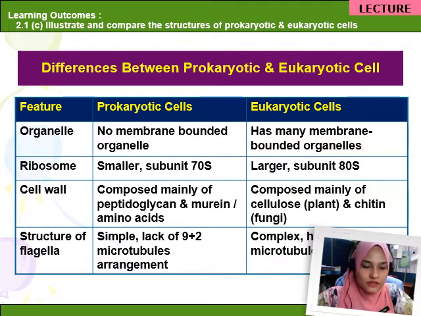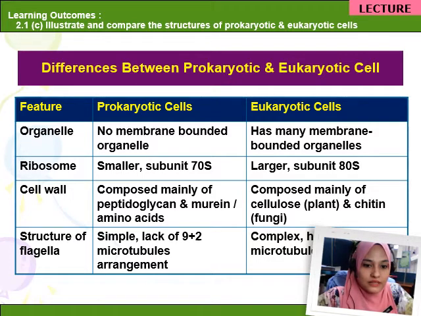Another difference is the cell wall. Prokaryotic cells are composed mainly of peptidoglycan, also called murein, while eukaryotic cells are composed mainly of cellulose for plant cells and chitin for fungi. And the last difference for this slide is in terms of the structure of flagella.